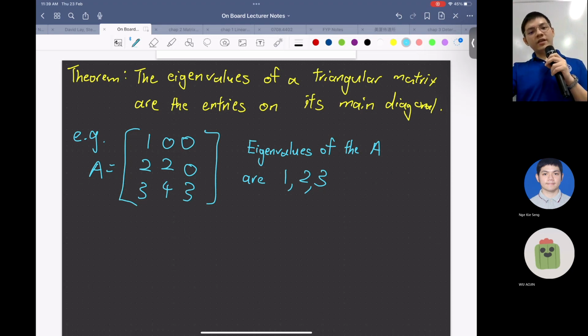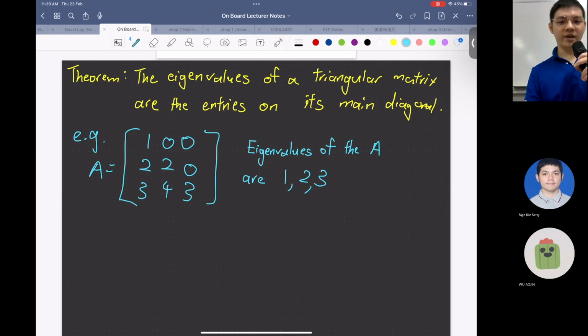You see that there's something captured by this triangular shape of the matrix. This property easily follows from some of the other properties. Should we prove this? Maybe we don't prove this. Let me talk about the next theorem, and if we want to prove it, maybe we'll see next time.